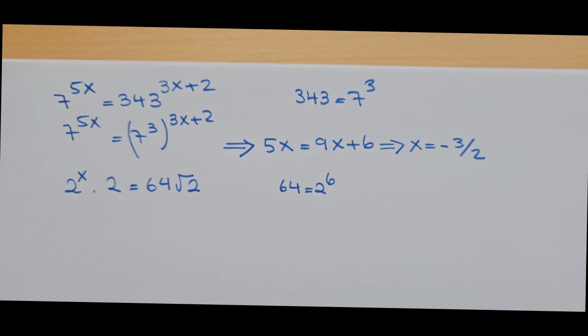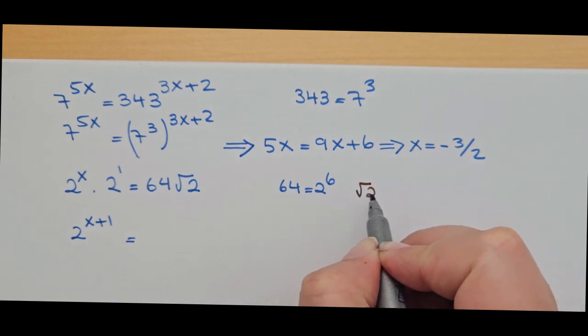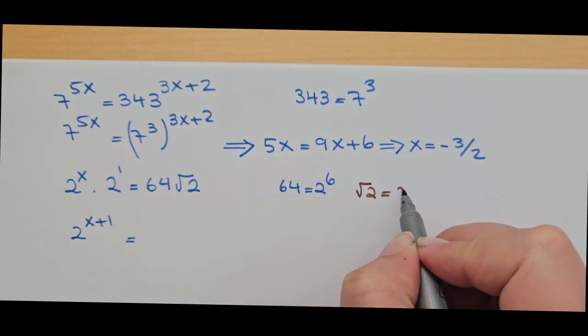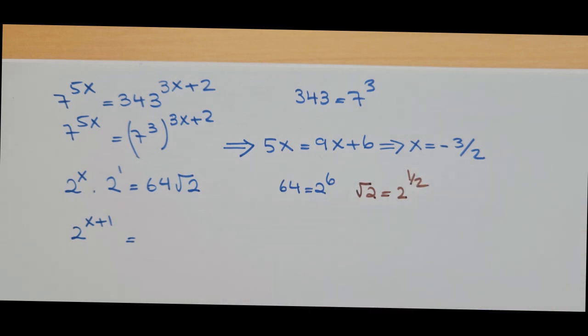But before equating the powers, we have to simplify each side. So this side would be 2 to the power x plus 1, because this is power 1, right? And when the two bases are equal, the powers are added together. On this side, as a side note, you would know that the square root of 2 is 2 to the power half.